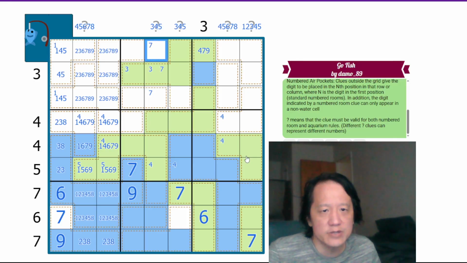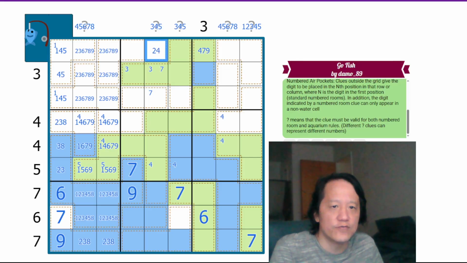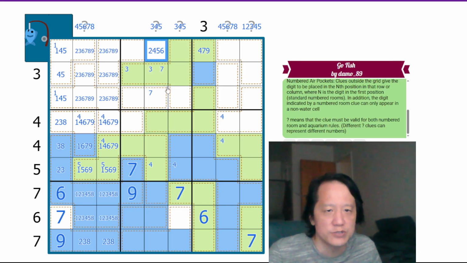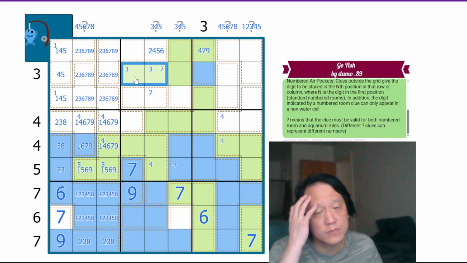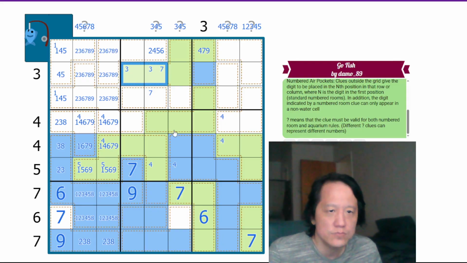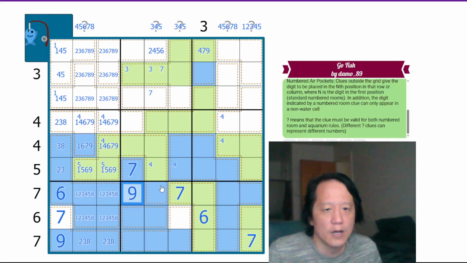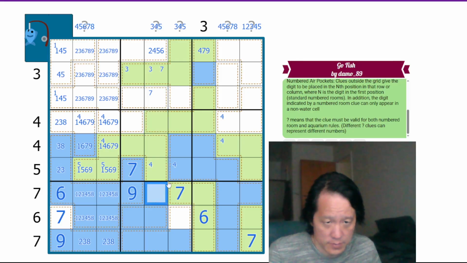This cannot be a 7 because that digit would have to be in an air bubble. So this has to be 2, 4, 5, or 6. I guess it technically can't be 3 because 3 is guaranteed to be one of those 2. So 2, 4, 5, or 6 is the digit that's in the air bubble going down.